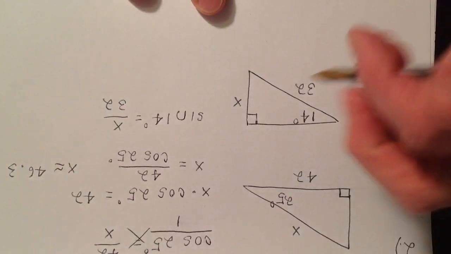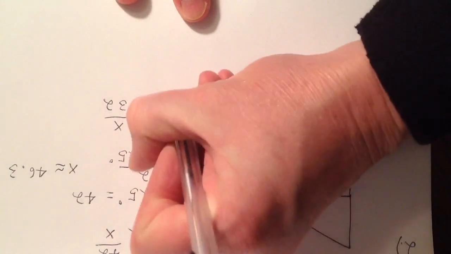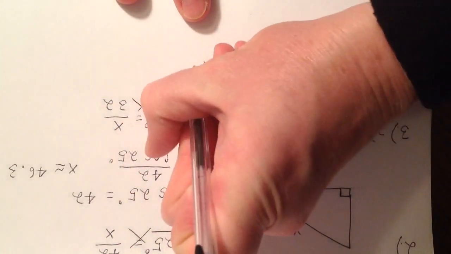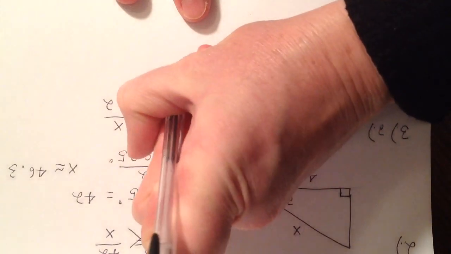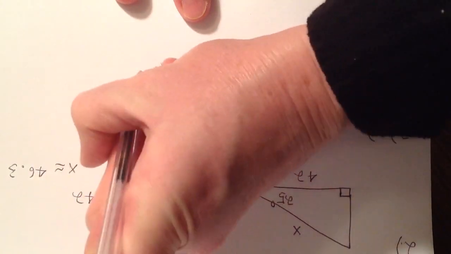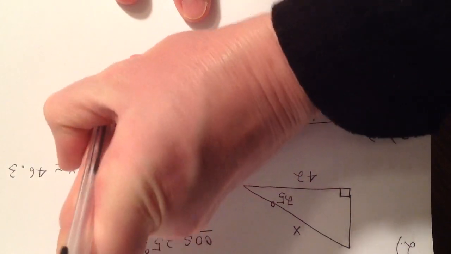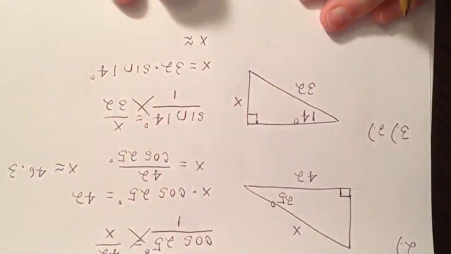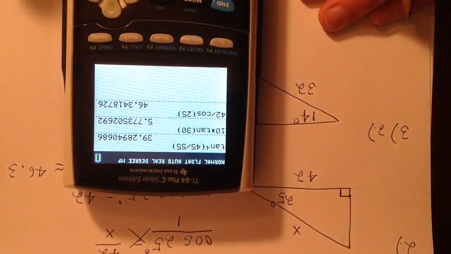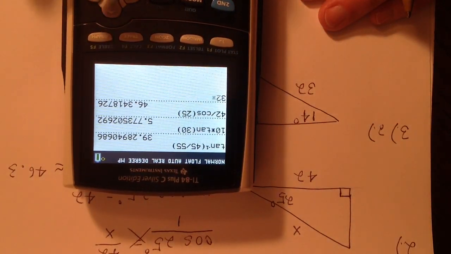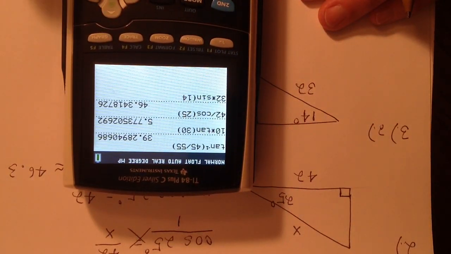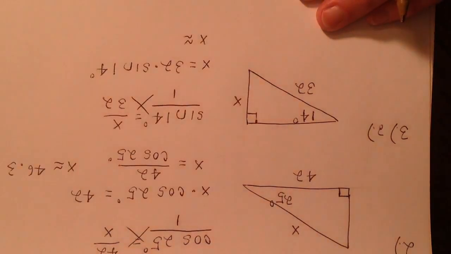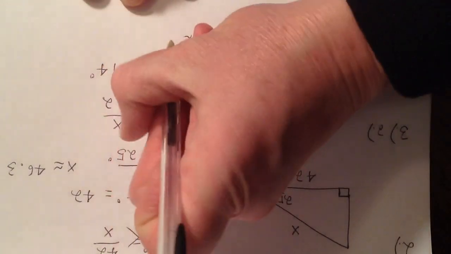Then to solve, we treat it as a proportion, put that trigonometric ratio over 1. That gives us x equals 32 times the sine of 14 degrees. Using our calculator to approximate, that is about 7.7 when we round to the nearest tenth.